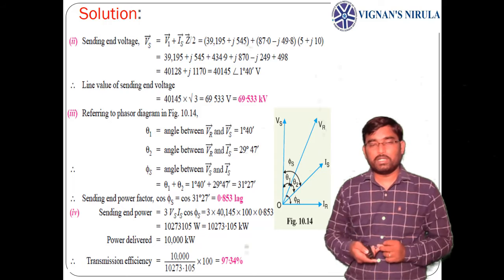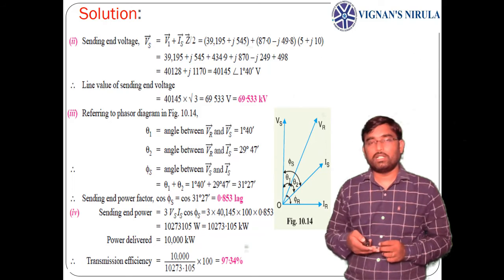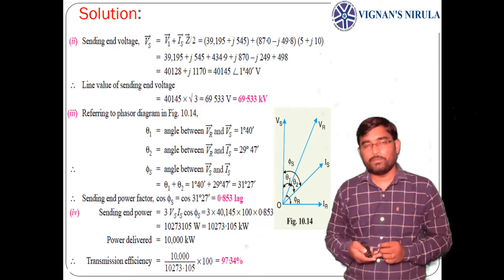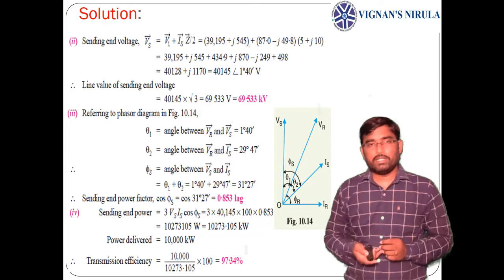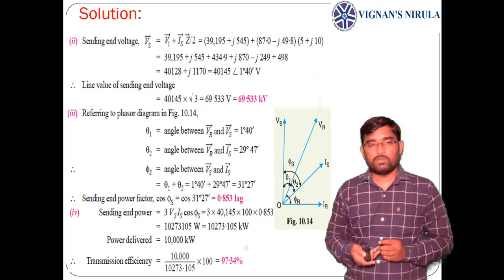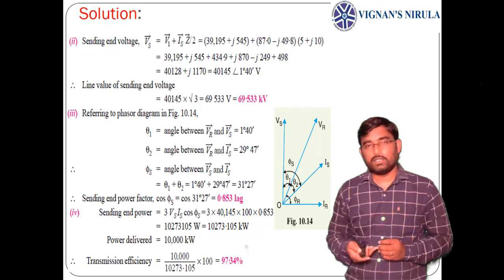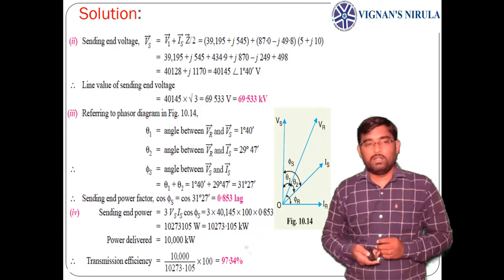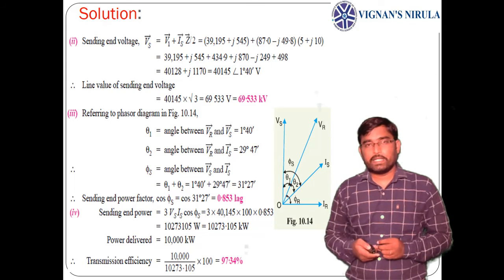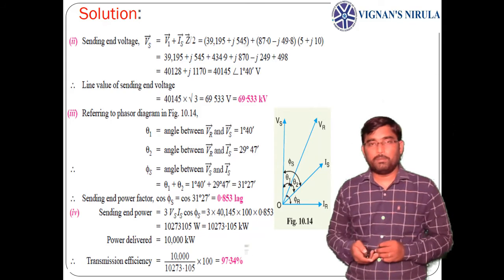In polar form, 40,145 at an angle 1.4 degrees volts. If you find the line voltage for the sending end, multiplying by root 3, it will be 69.53 kilovolts.